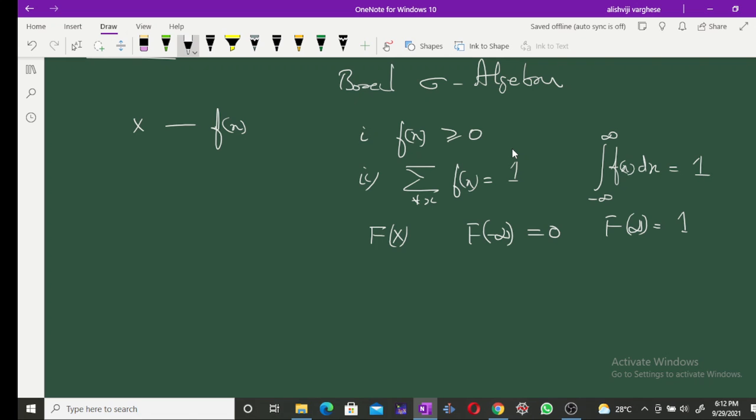These are some properties of capital F of x.